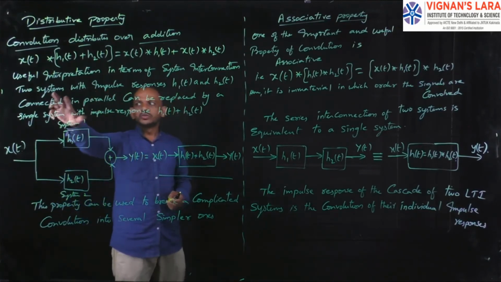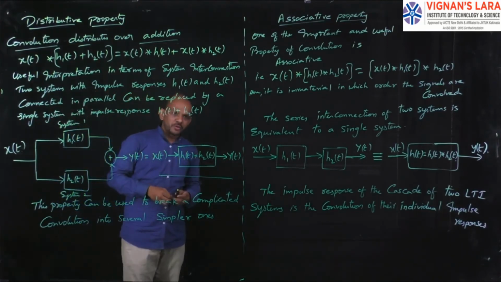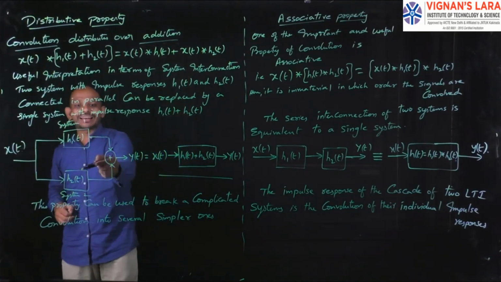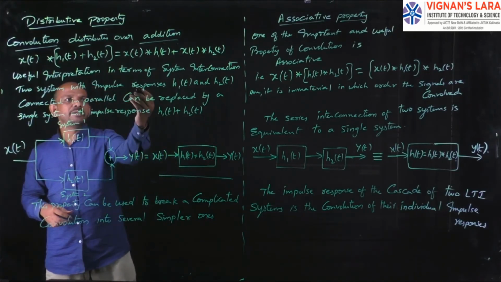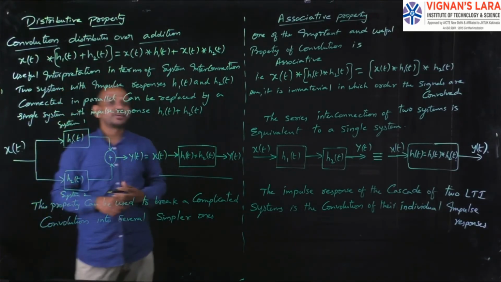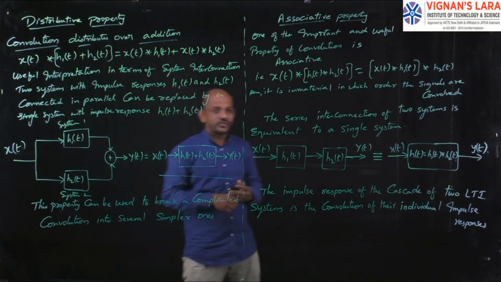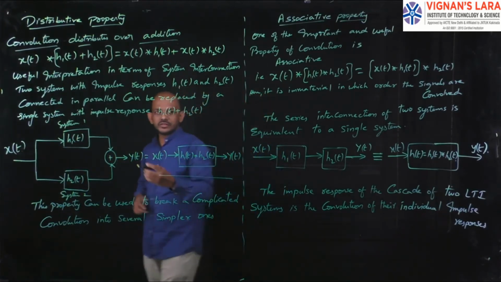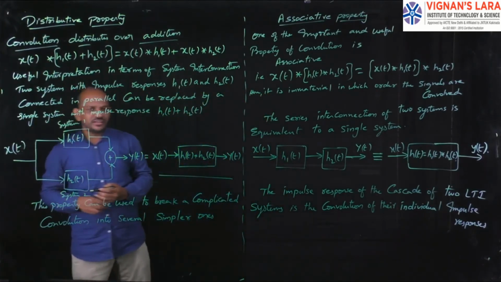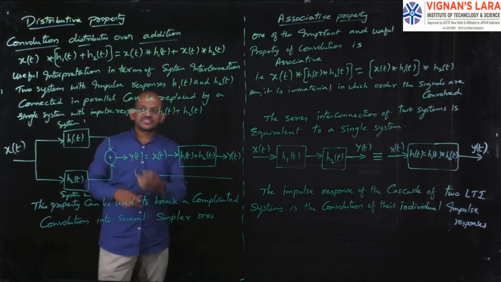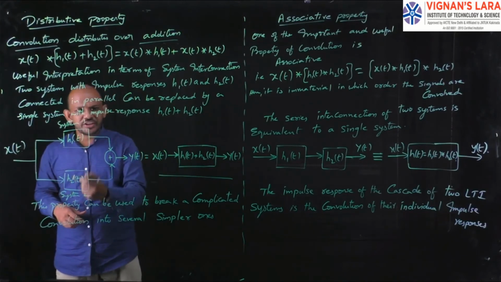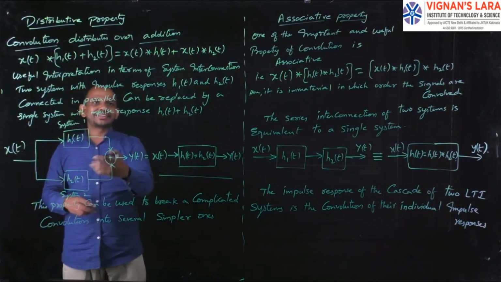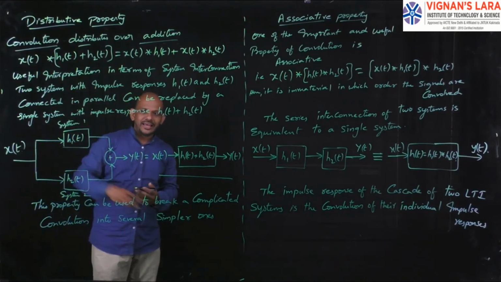Simple. Two systems with impulse responses h1 of t and h2 of t are connected in parallel. For system 1, the impulse response is h1 of t, and for system 2, the impulse response is h2 of t, and these two are connected in parallel as shown in the diagram.